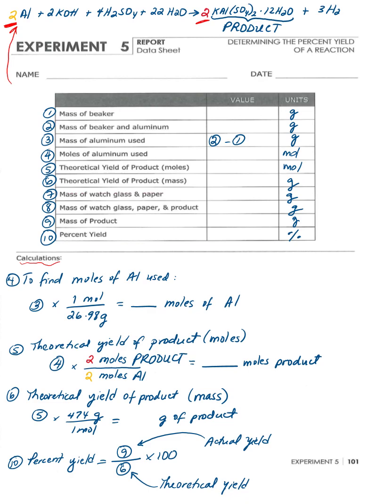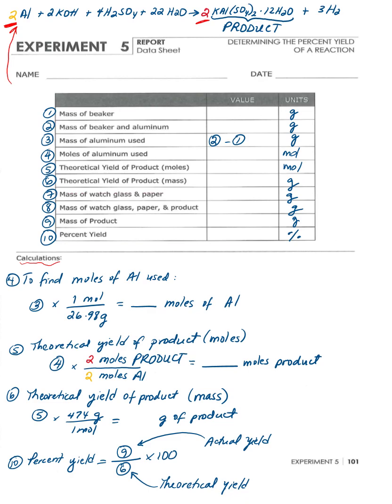So to find the moles of aluminum, you're using the molar mass of aluminum as a conversion factor. In number 3, you have the mass of your aluminum, how much you're using. That number is in grams, so you need to convert your grams to moles to find out your number 4.